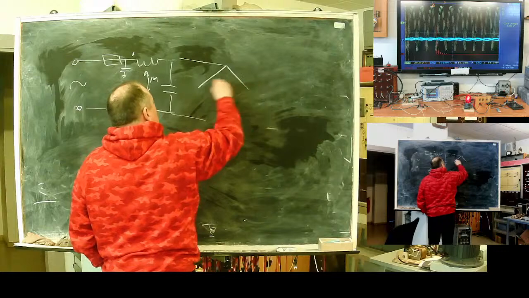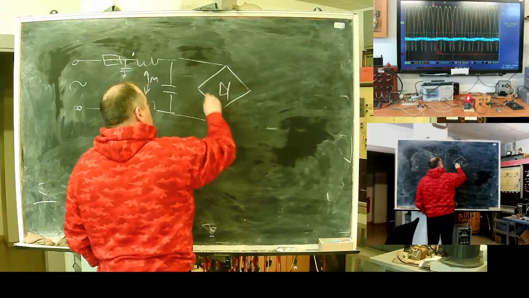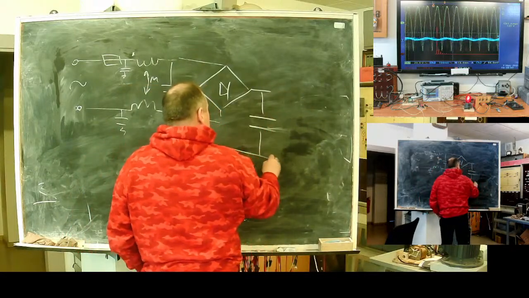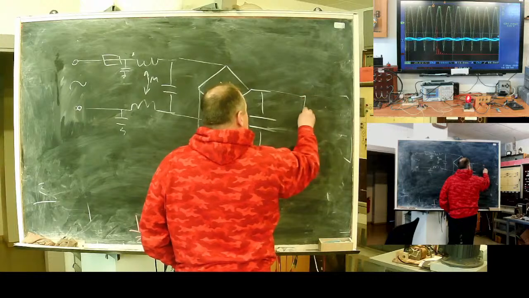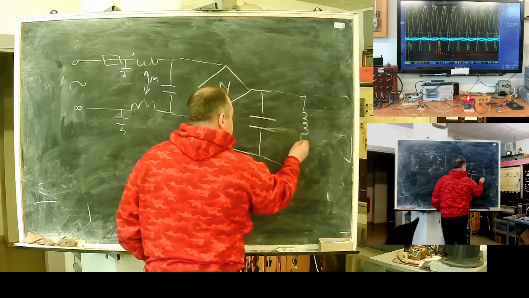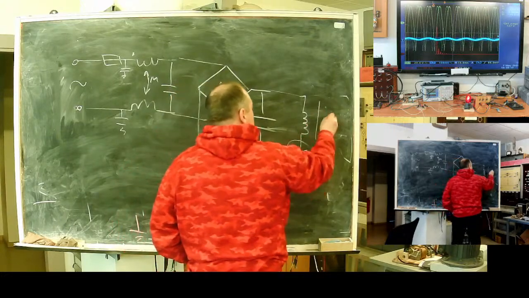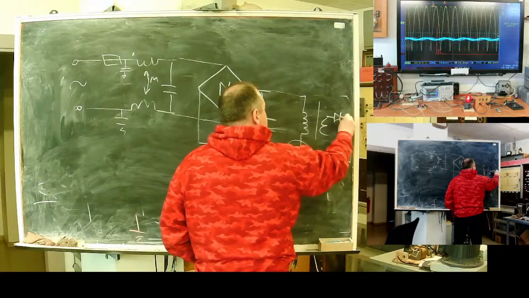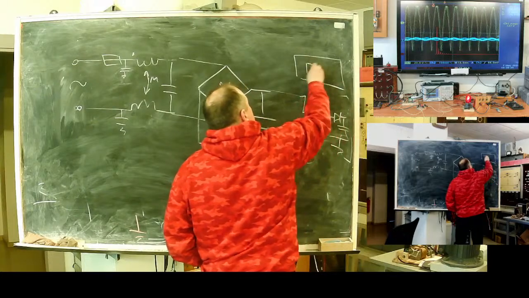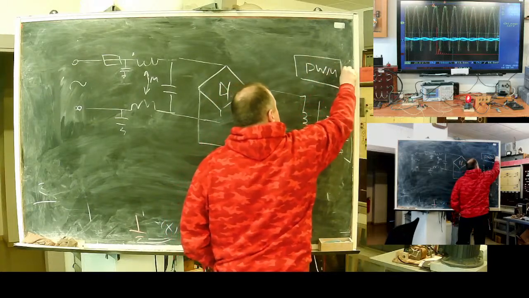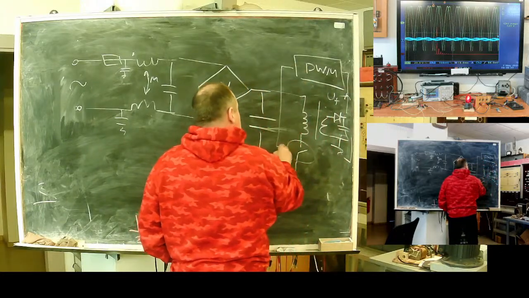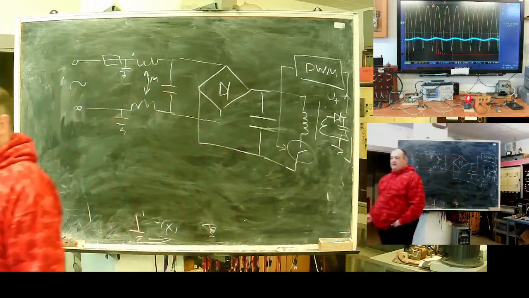Next, rectifier, capacitor, primary coil of the transformer, switch, ground, and of course the PWM circuit, feedback voltage and control of the switch.